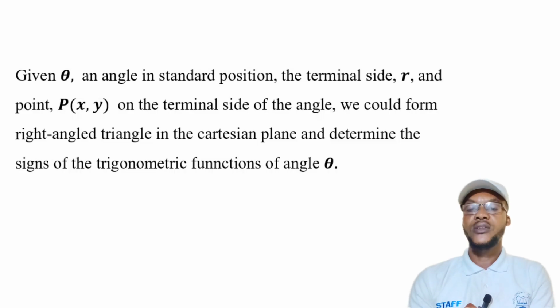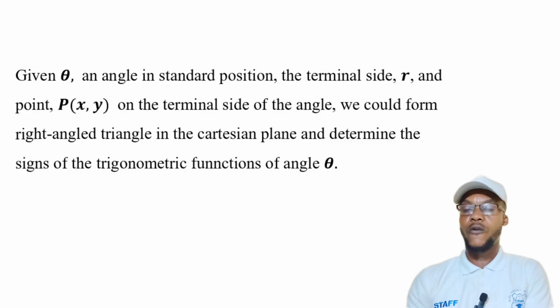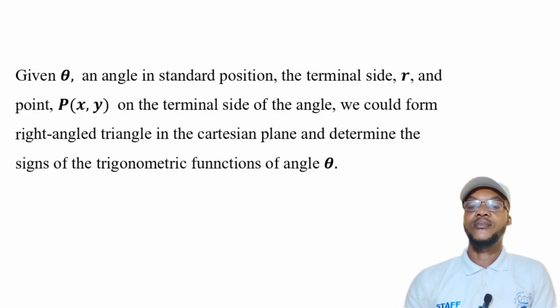So we are going to use the Cartesian plane, form a right angle triangle, and determine the signs. Whether we find, maybe, sine theta, whatever quadrant it falls in, whether we are going to get a negative figure or a positive figure, that is what we are going to do now.